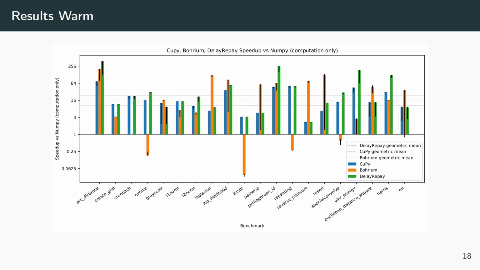So we do two different types of benchmarking runs. The first one, we measure the computational kernel time, meaning the time spent on device or in native code, and we try and measure that as tightly as possible, excluding all warm-ups, that sort of thing. And everything is aggressively cached here.